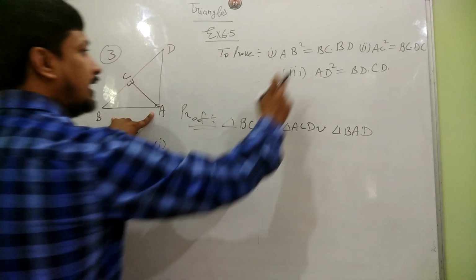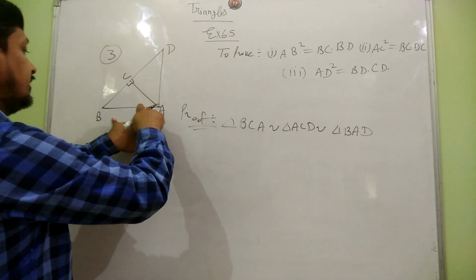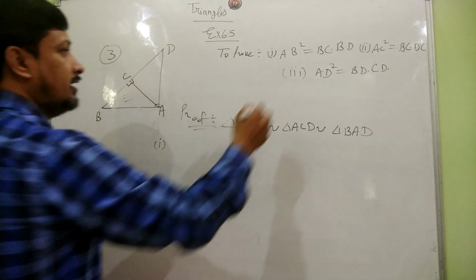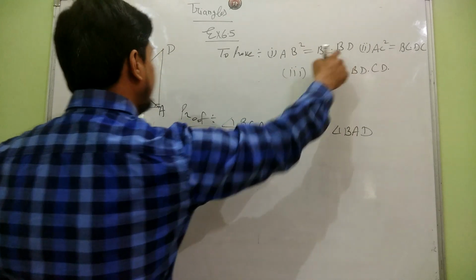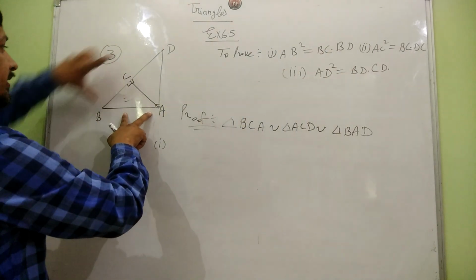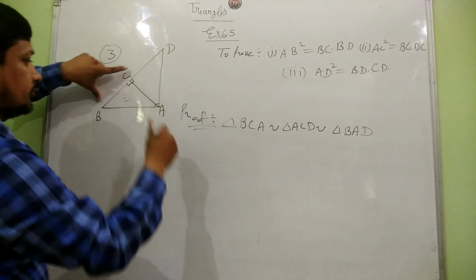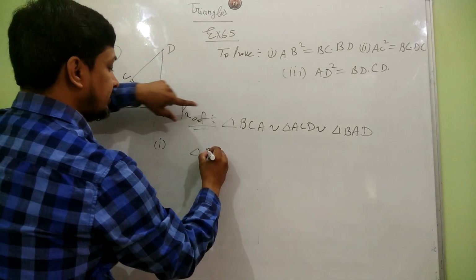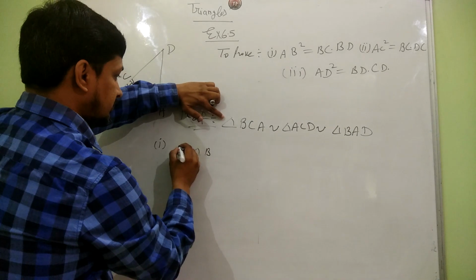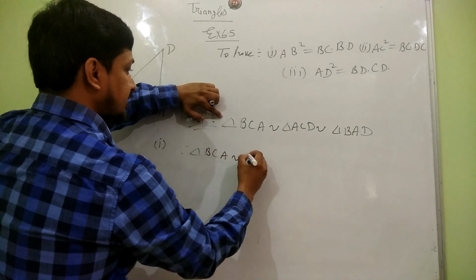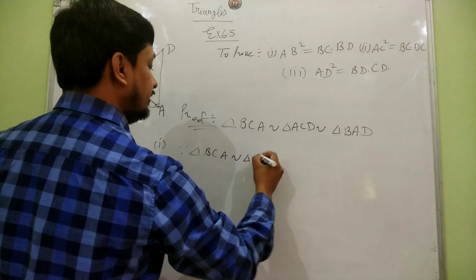So AB square, we need AB square. So AB and BC, AB and BD. AB and BD means this is the small triangle and we have to take this whole triangle. So triangle BCA is similar to the whole triangle BAD.